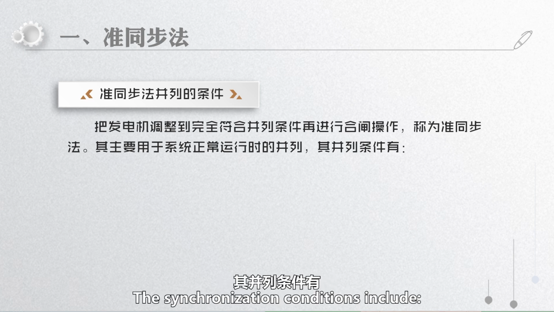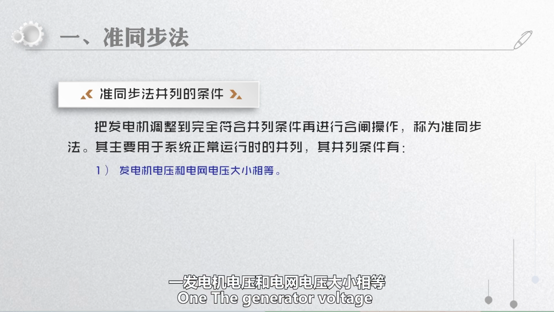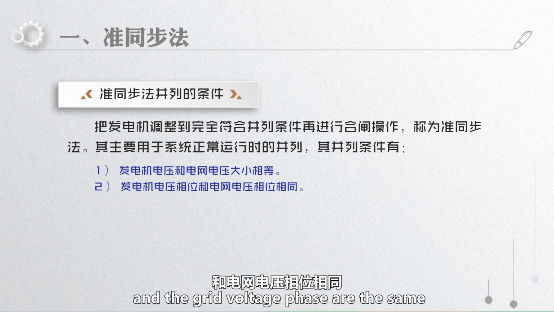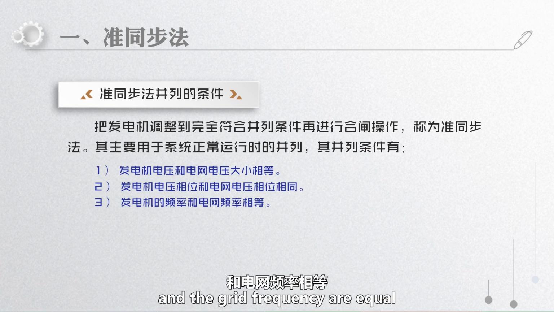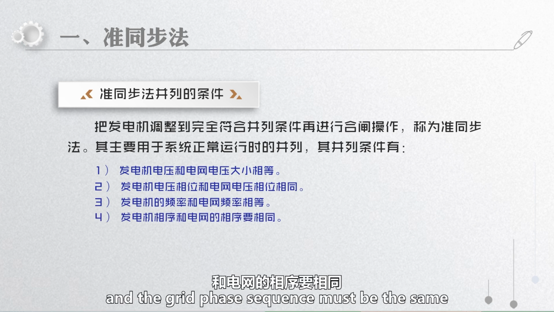The synchronization conditions include: 1. The generator voltage and grid voltage are equal. 2. The generator voltage phase and the grid voltage phase are the same. 3. The generator frequency and the grid frequency are equal. 4. The generator phase sequence and the grid phase sequence must be the same.